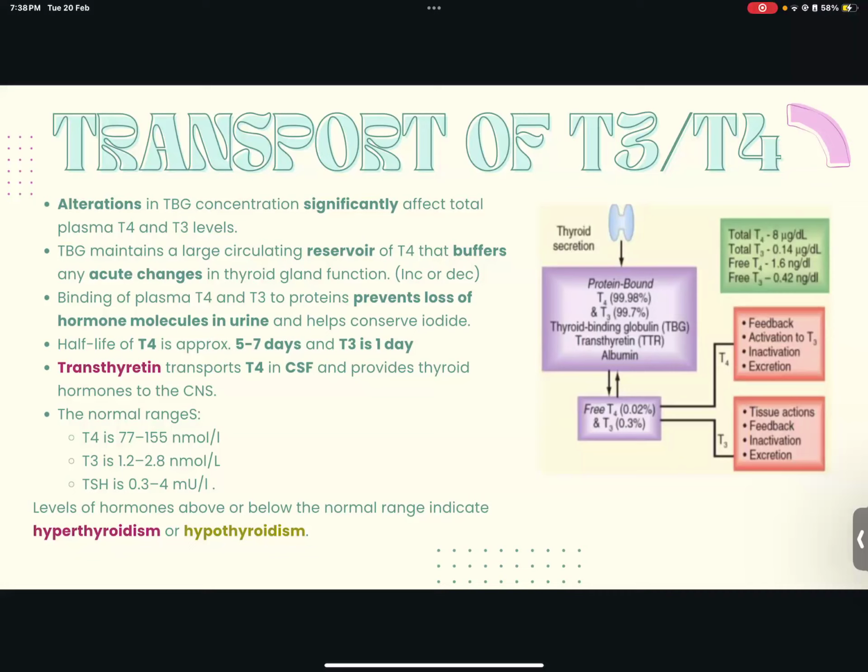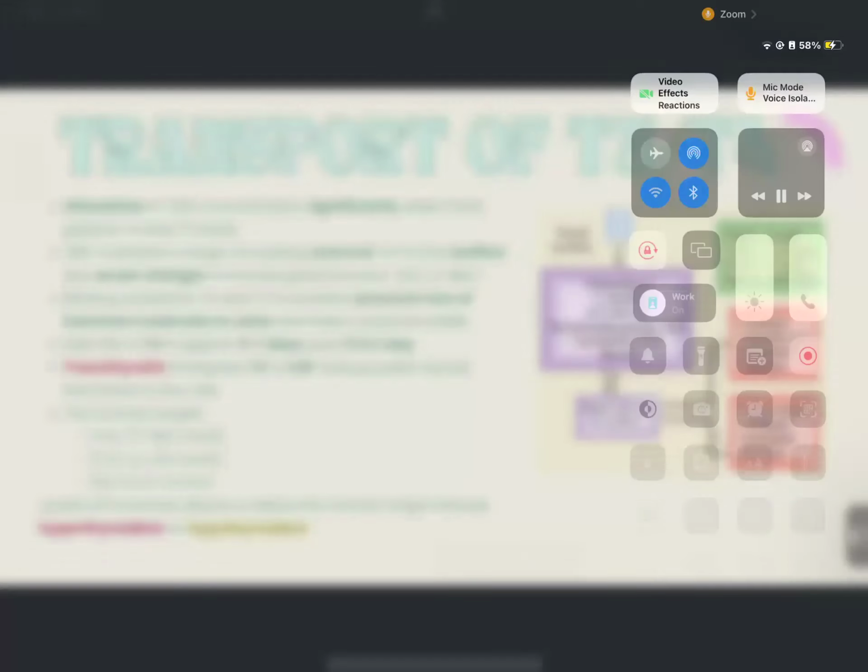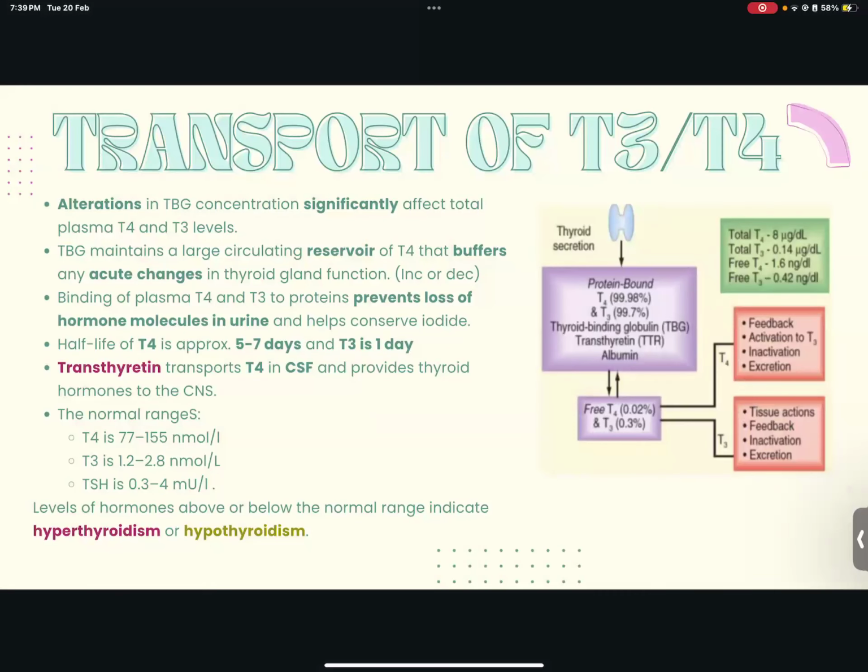However, if the thyroid gland is not secreting enough, so that its production decreases, then TBG will also be there, binding onto T3 and T4. That's going to cause it to release any reservoirs that it has in order to maintain a good and stable level of thyroid hormone. Now, the binding of plasma T3 and T4 to proteins also helps to prevent the loss of hormone molecules in urine, and it helps to conserve iodine.